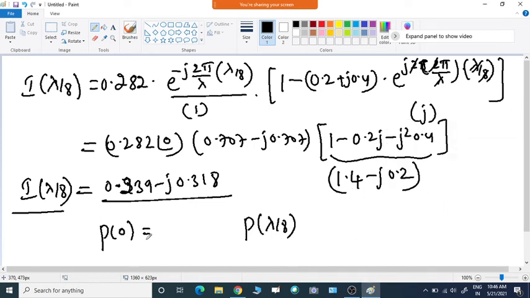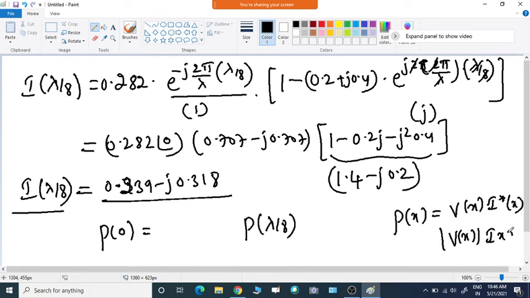We know in general the equation is V into I. Or we can have the average power, which is V square by 2 into ZL, or the general equation for P of x, which is equal to V of x into the complex conjugate of I of x. So if I just take the magnitude of V of x and I of x, similarly you will get the power.